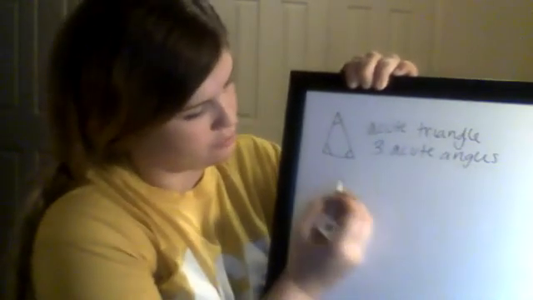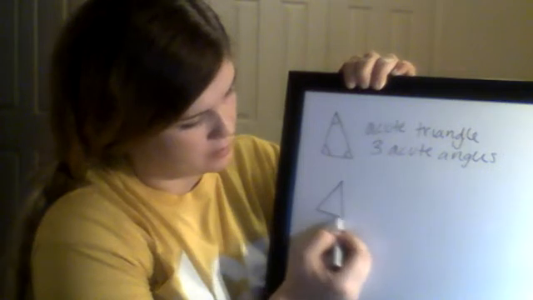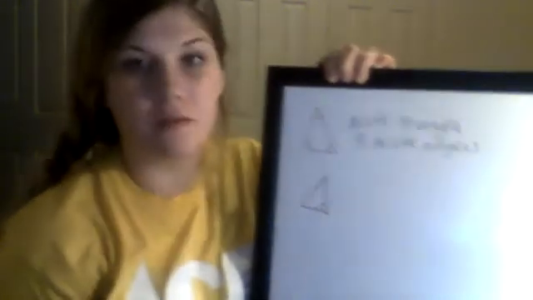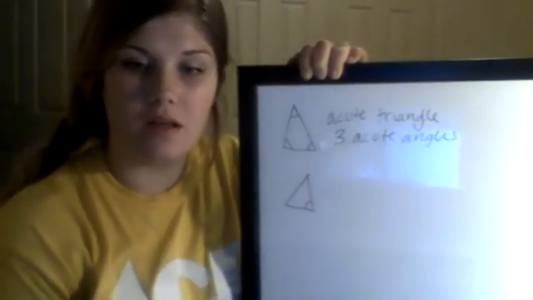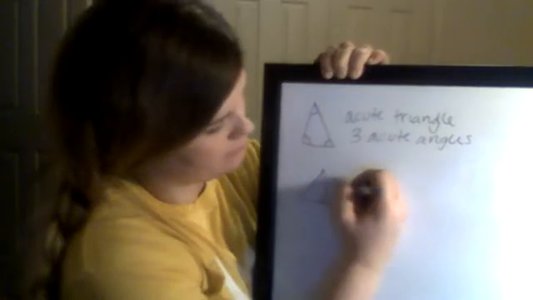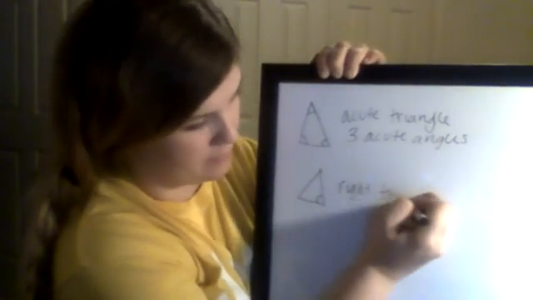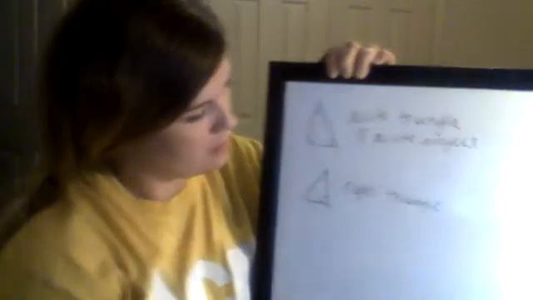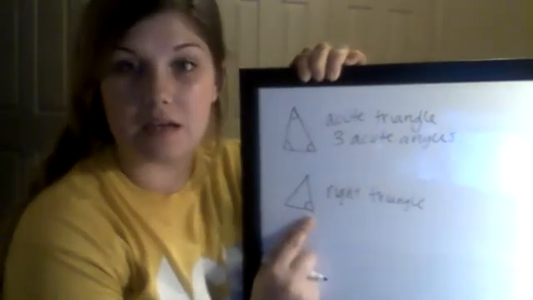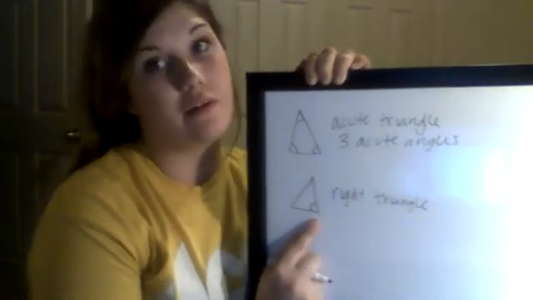If I drew a triangle like this, that is a right triangle. And how you know that is because it has one 90-degree angle.